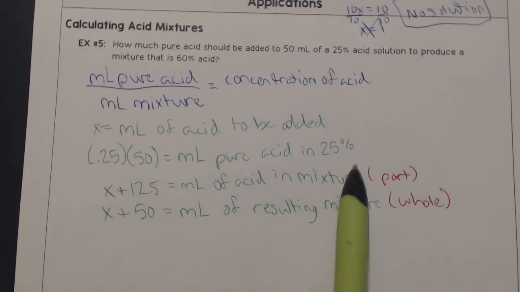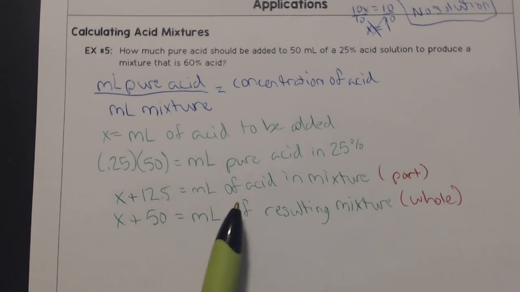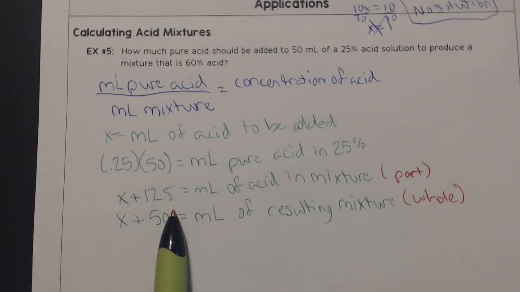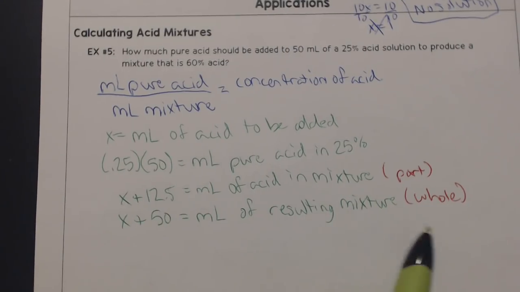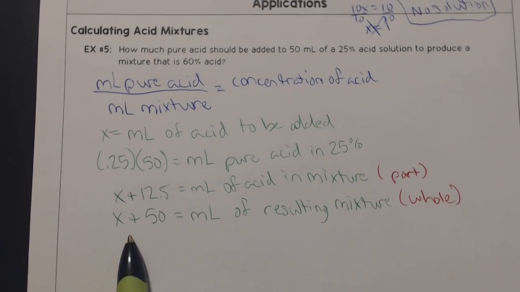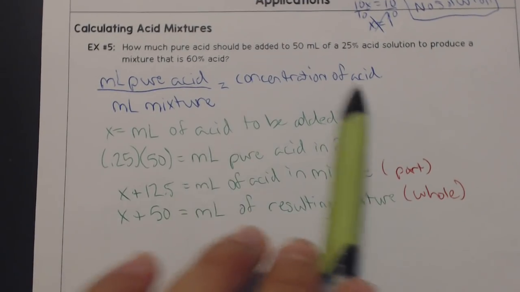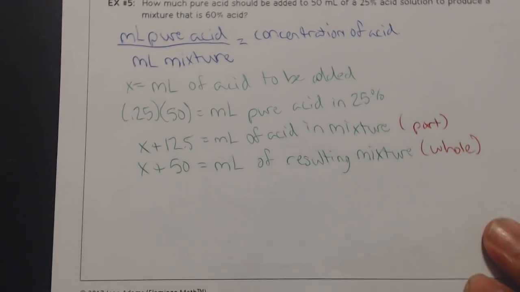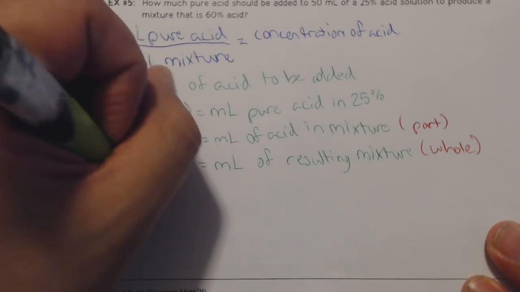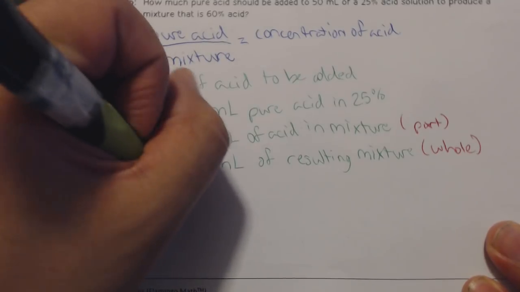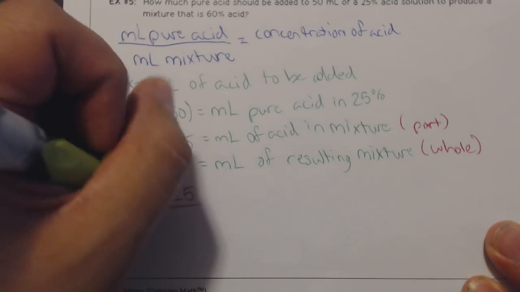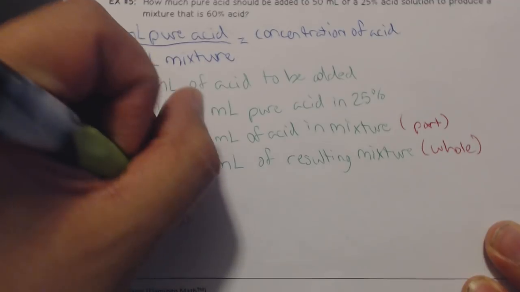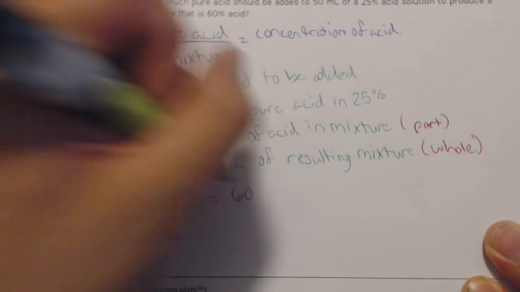Milliliters of pure acid, that's our equation from the x plus 12.5, and the milliliters of the resulting mixture, that's the whole, over x plus 50. And we're going to have it equal to the concentration that we want. 60% is the concentration. So I get x plus 12.5 over x plus 50 is equal to 0.60.